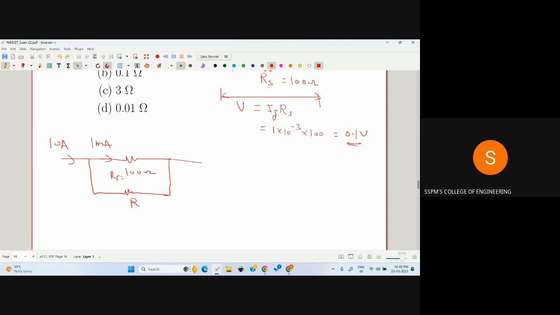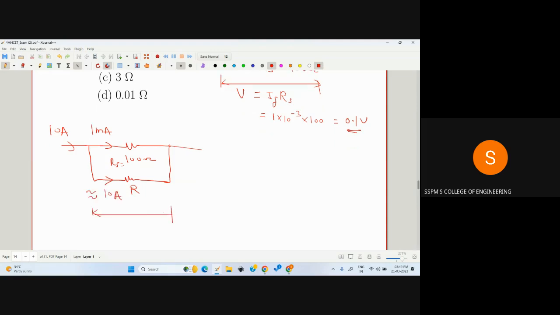The voltage across the galvanometer is given. The voltage across the galvanometer is 0.1 volt, isn't it? So voltage is equal to 10 into R according to Ohm's law. This voltage is given: 0.1 volt is equal to 10 into R. So R is equal to 0.1 divided by 10, which is 0.01 ohm.